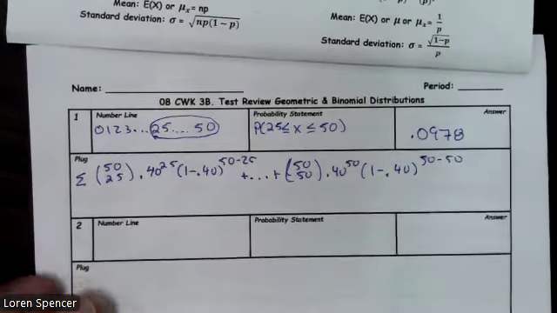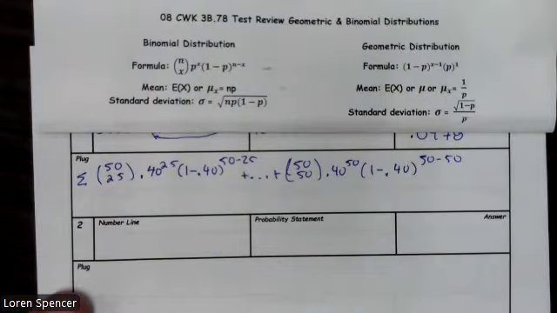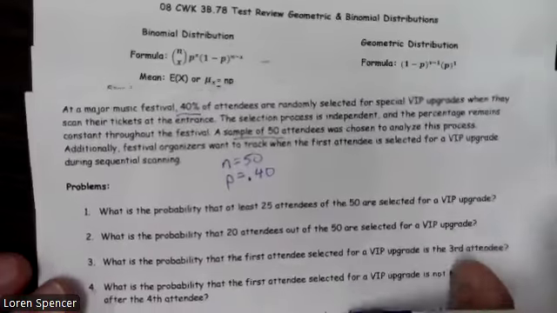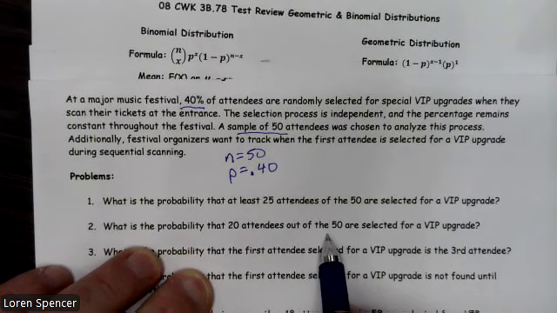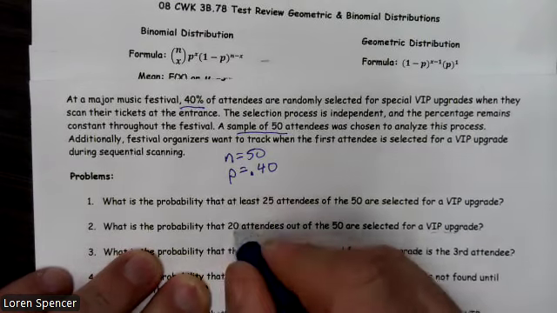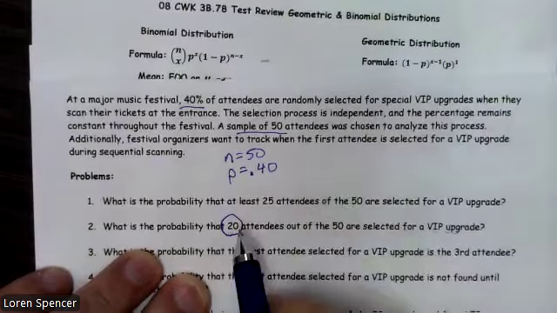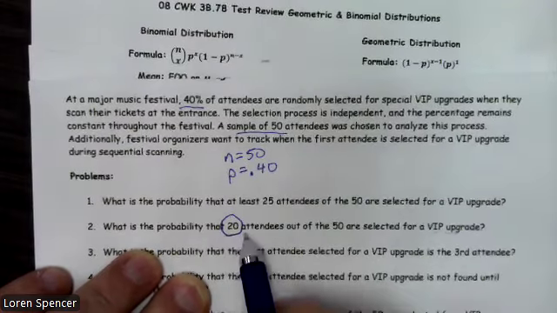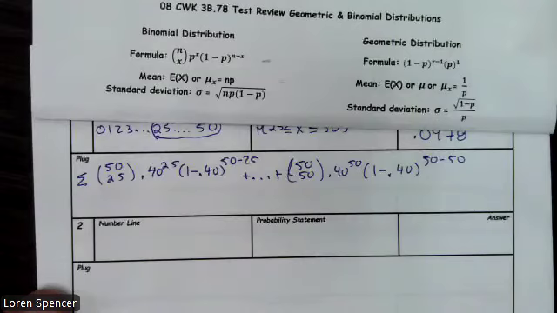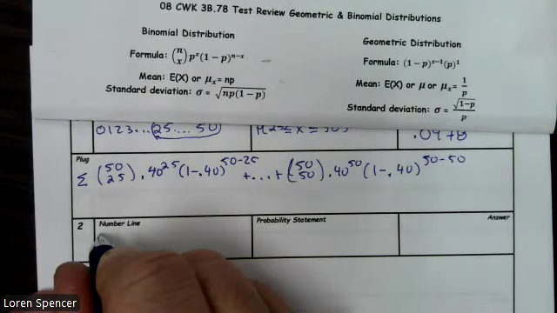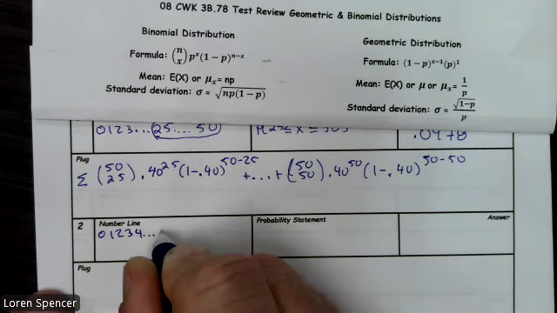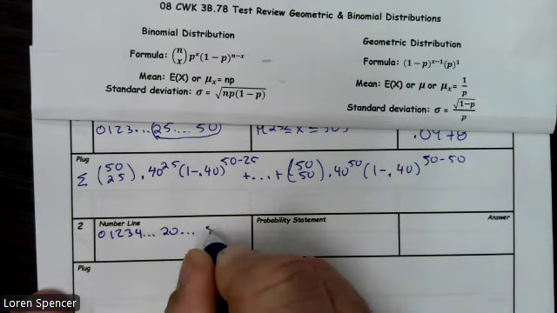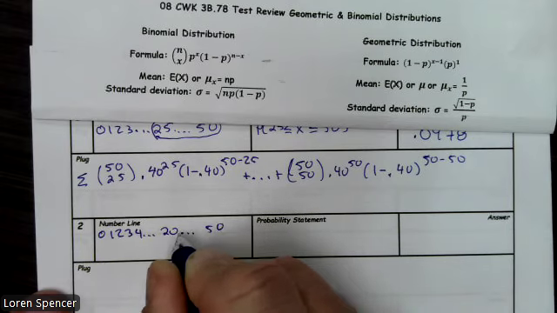Okay, next one. Problem number 2: what is the probability that 20 attendees out of 50 are selected for a VIP upgrade? Well, this is specifically 20. This is not looking for the first, so I know I'm looking for a binomial. All binomial number lines start at 0. So 0, 1, 2, 3, 4, dot, dot, dot, to 20, dot, dot, dot, all the way to 50. And I'm only looking for that value.